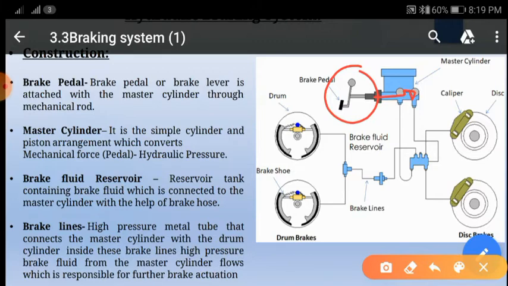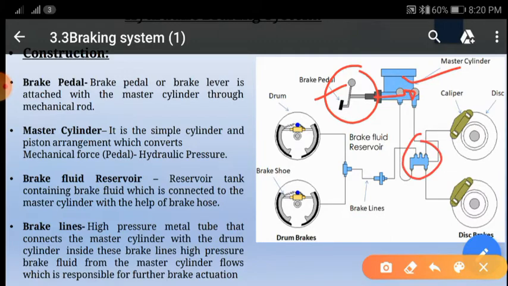The second, very important part is the master cylinder. The master cylinder is the heart of this hydraulic braking system. This master cylinder is connected with the brake pedal, and another part is connected with the brake reservoir. Here is the brake reservoir.